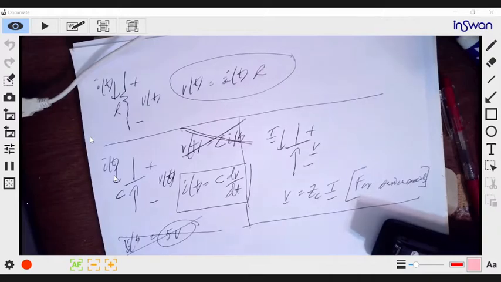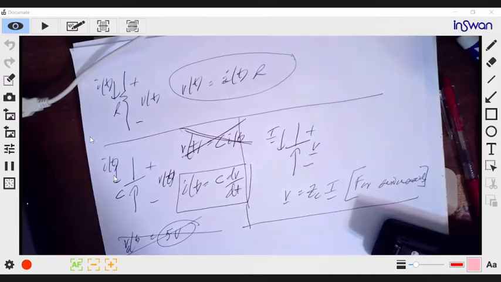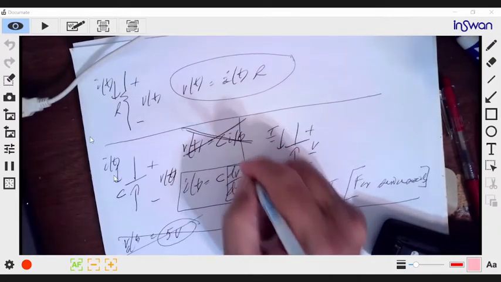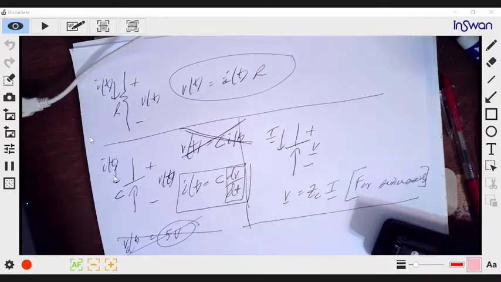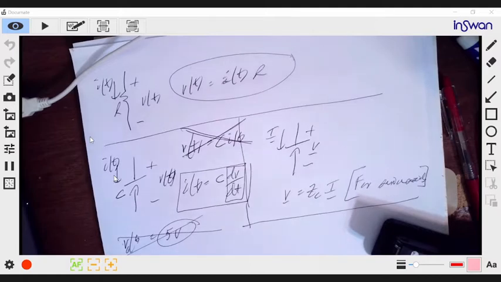I of T equals C dV/dt. What is dV/dt? It's the first derivative of voltage with respect to time. See, this is a calculus-based course, and there's one student who's trying to get in here and not know calculus. The dV/dt means how quickly the voltage is changing.